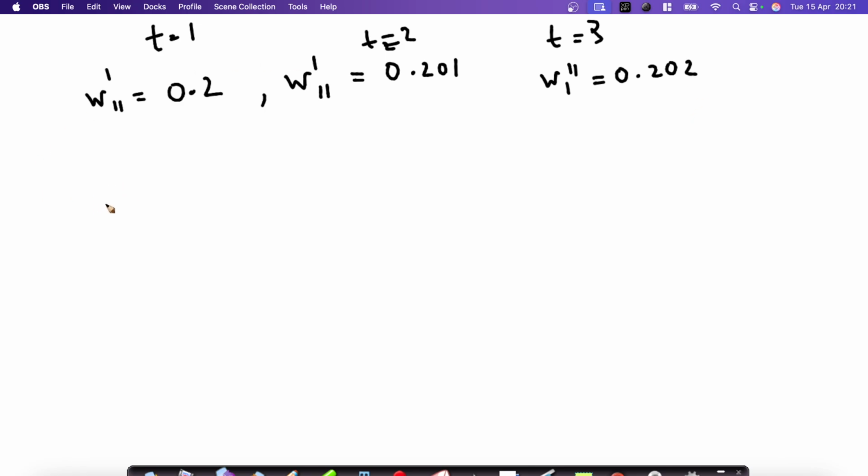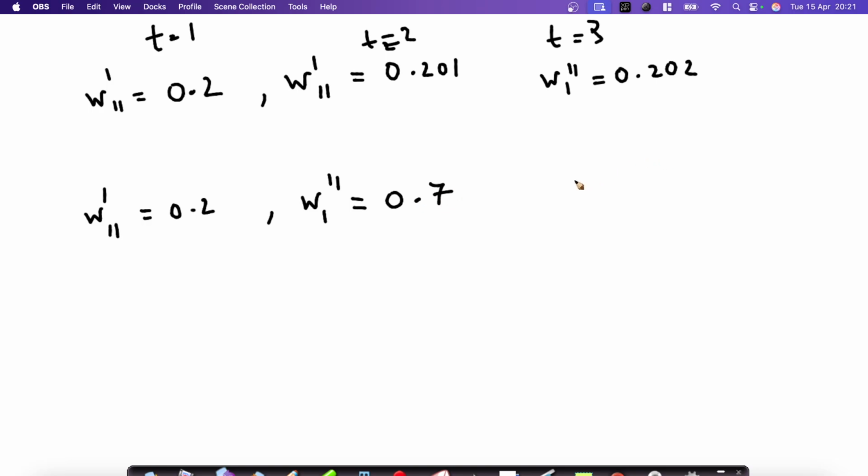Now what about the exploding gradient problem, which occurs mostly in RNNs, where the activation functions have the property that the derivatives of those functions give values greater than 1. Let us say originally it was 0.2. In the next timestamp, meaning the next iteration, this value will be very different.